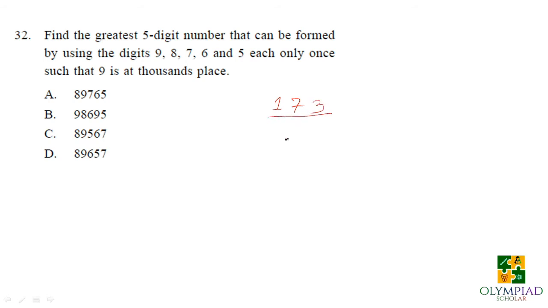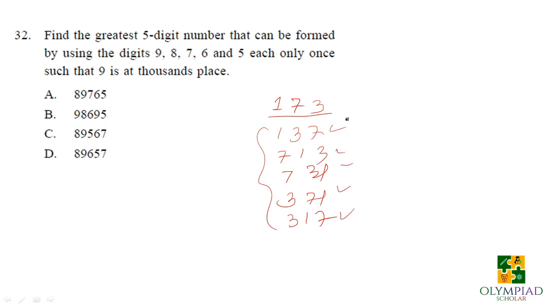You can form numbers like 173, 137, 713, 731, 371 and 317. Six numbers can be formed with the given digits if you use them once only. The largest number is 731.